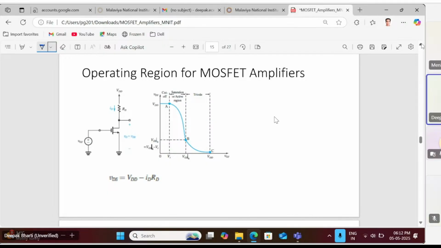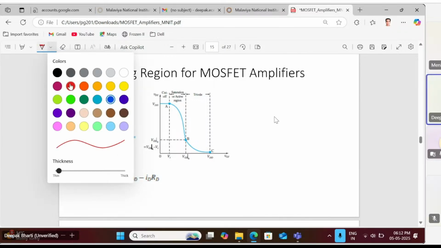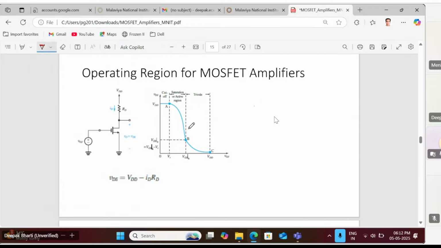Though we have used the saturation current equation in the case of enhancement MOSFET, why only saturation? Why not linear? To know the reason, let's discuss. So let's say we have the simplest biasing arrangement shown in this circuit.